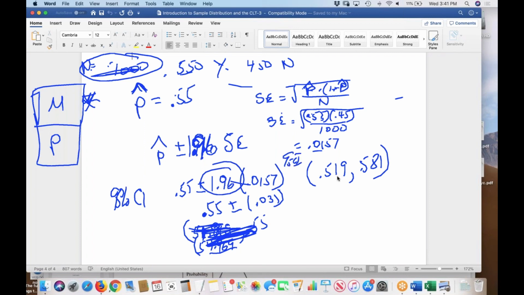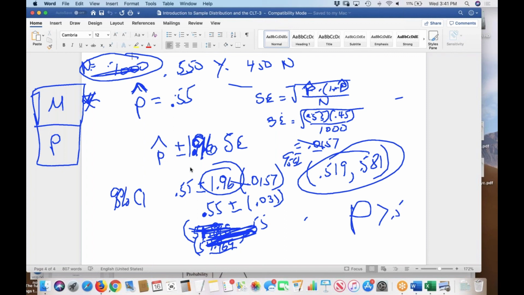So I'm 95% sure that the true population proportion, the P without the cap, is between those two numbers. So am I 95% sure that it's above 0.5? Yeah, if I'm 95% sure that it's between these two numbers, then I'm also 95% sure that it's greater than 0.5.